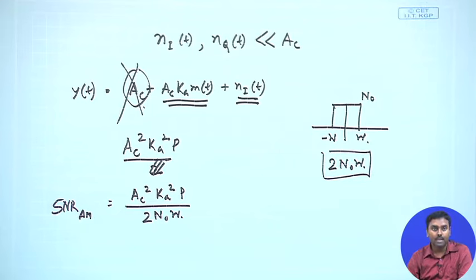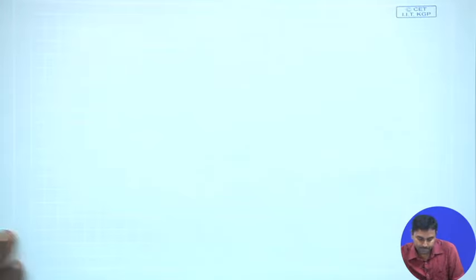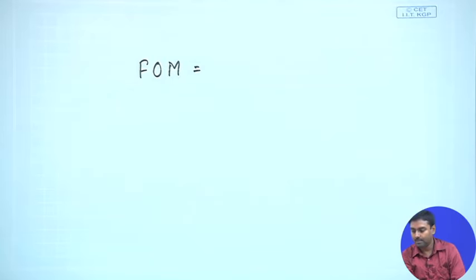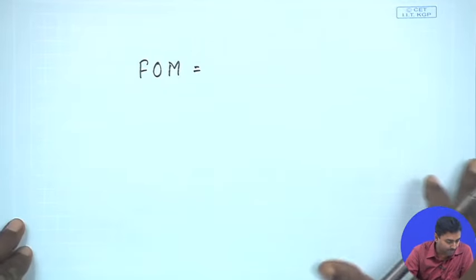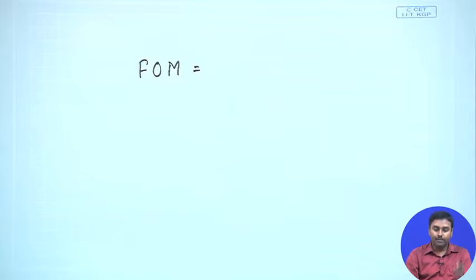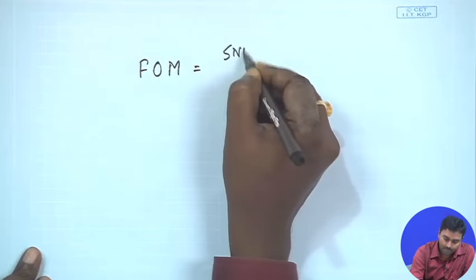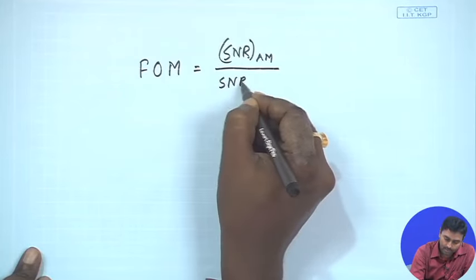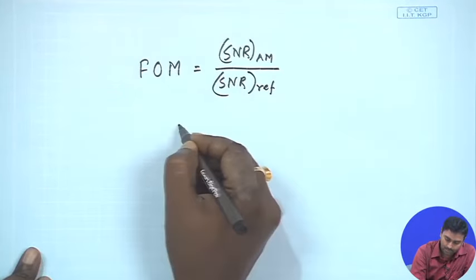Now, if we wish to calculate the overall figure of merit of this modulation, first we have to take the SNR of AM divided by the SNR of the reference.